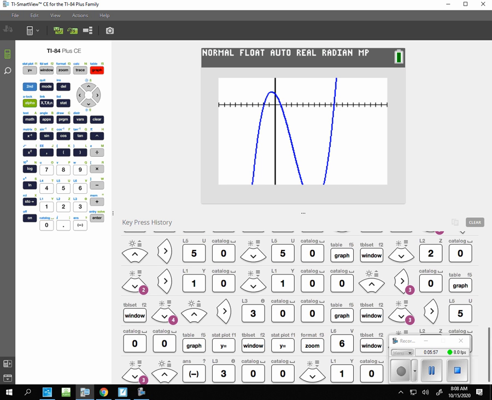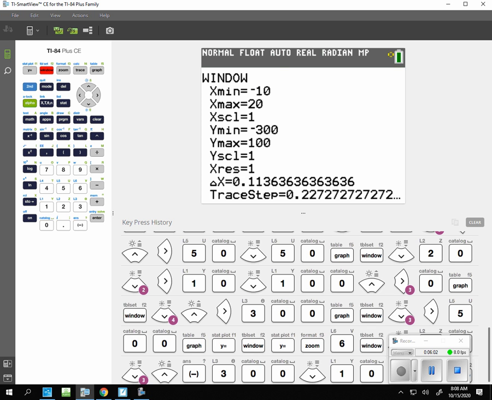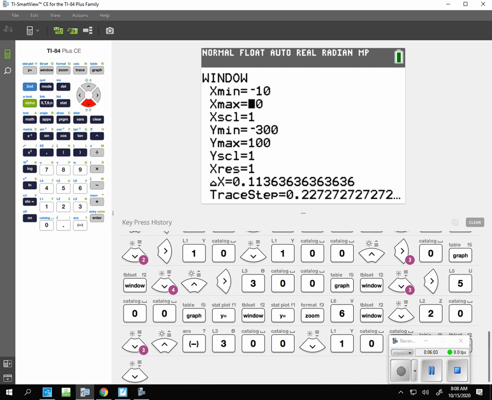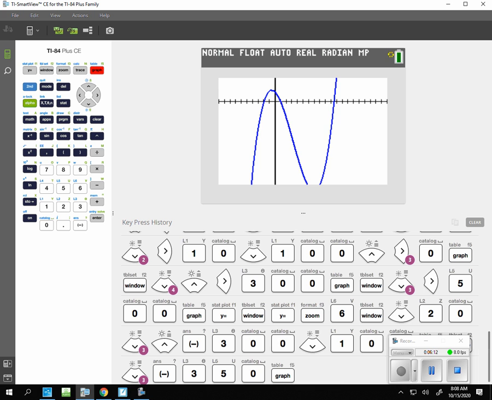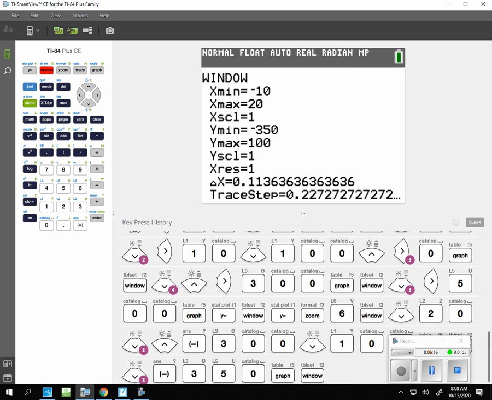So I'm seeing a lot more of the picture, but I still need to go a little bit farther down. I don't quite see it all. So I'm going to change this to like negative 350. Ooh, really close. Maybe we'll have to go all the way down to negative 400.